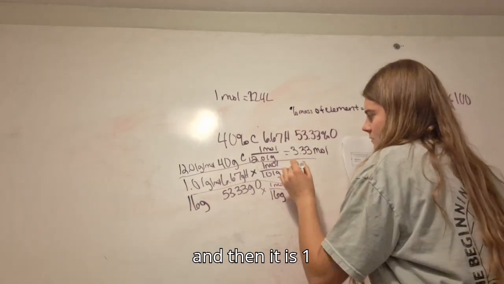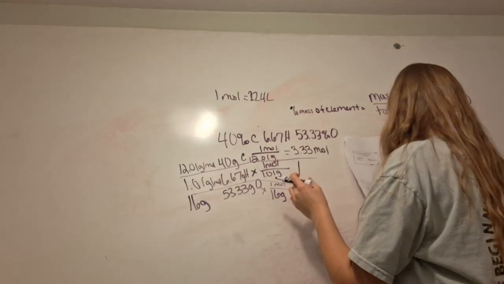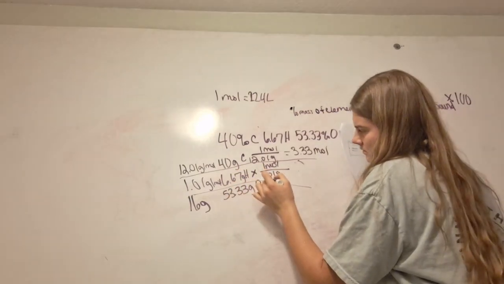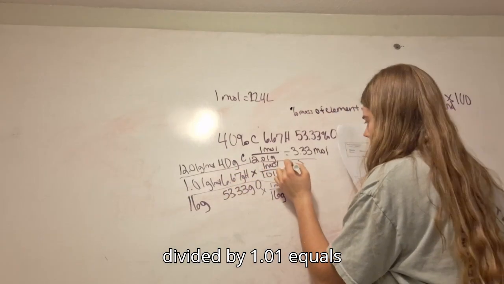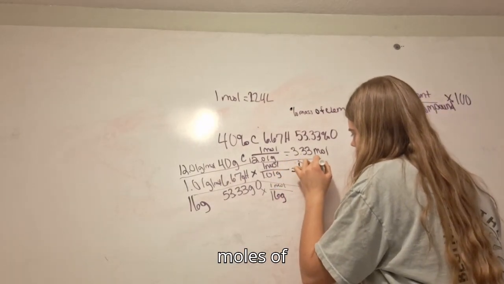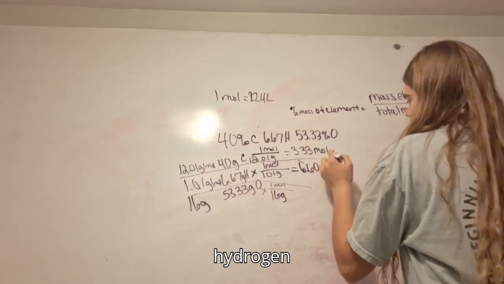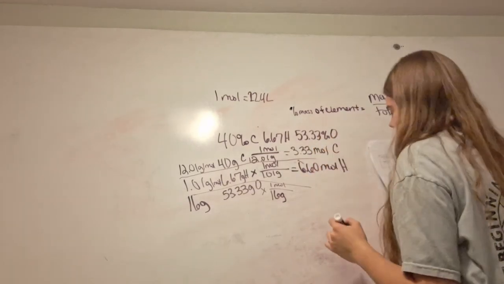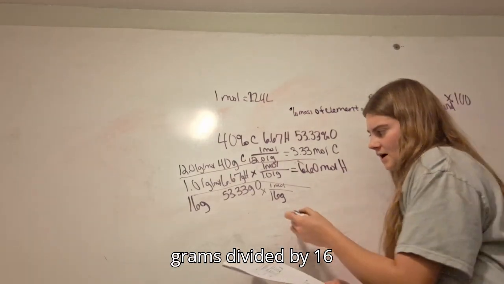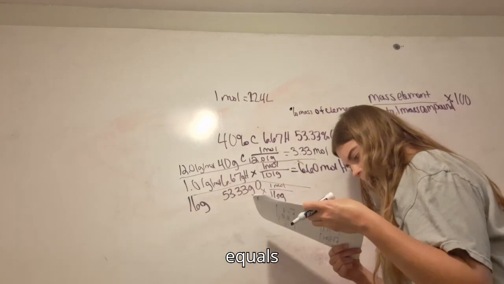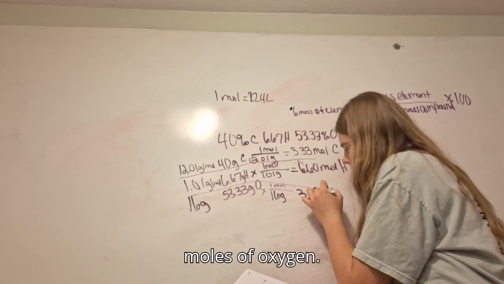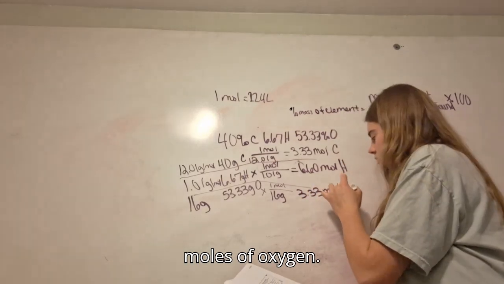And then it is 6.67 divided by 1.01 equals 6.6 moles of hydrogen, and then 53.33 grams divided by 16 equals 3.33 moles of oxygen.